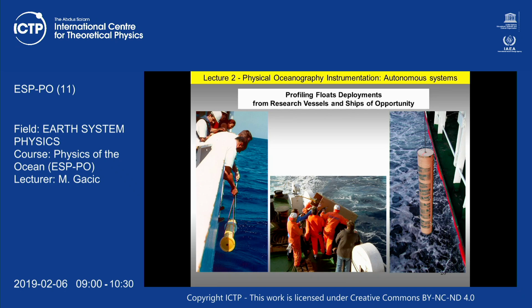Ships of opportunity, as I told you before, are commercial ships where you ask crew members to deploy floats for you. You don't have to be present because they just have to write down the position where they deployed, then communicate the position, and after that they are free. So they can also do it during navigation. The ship doesn't have to stop.